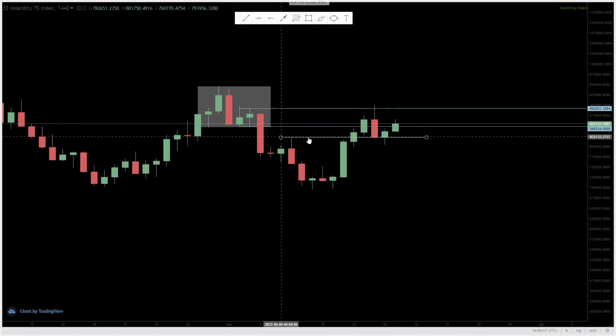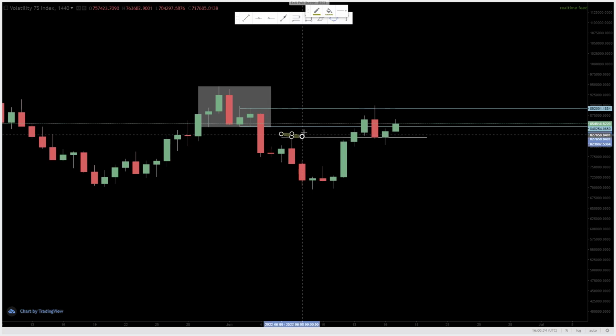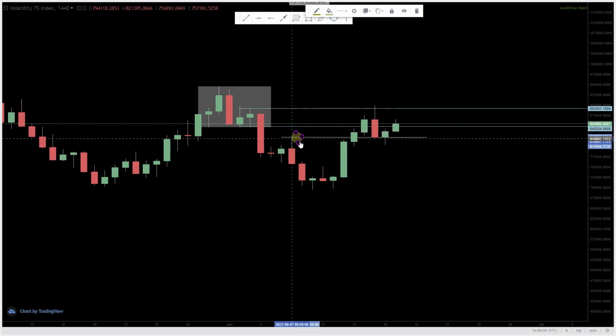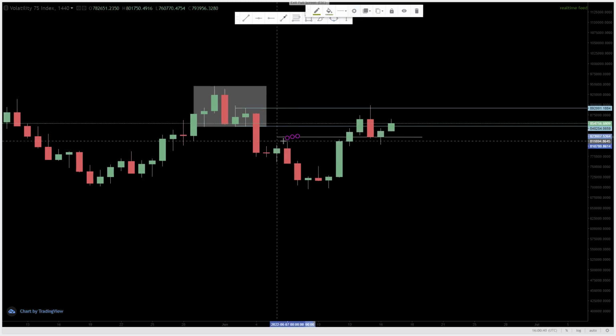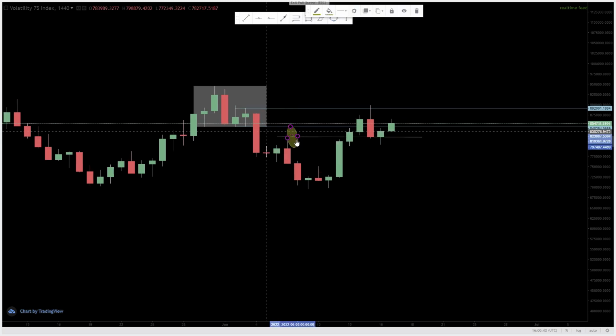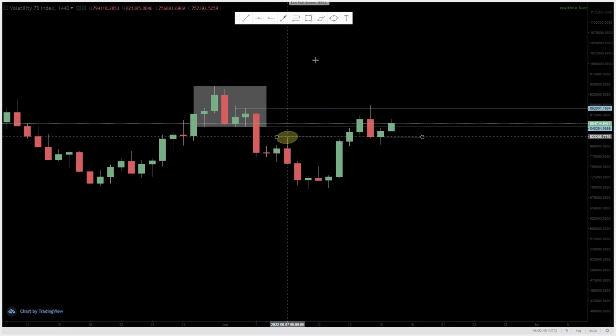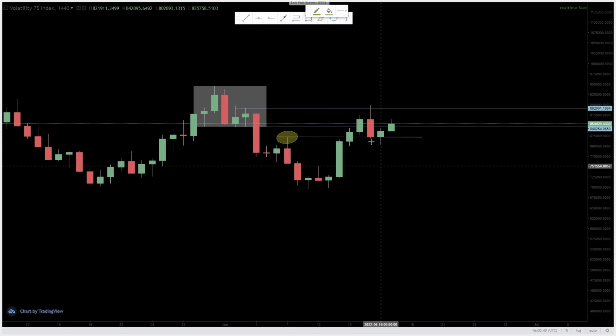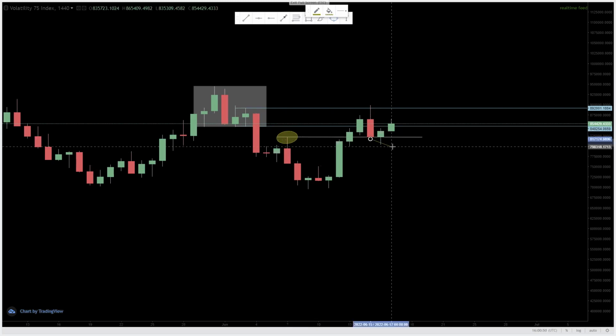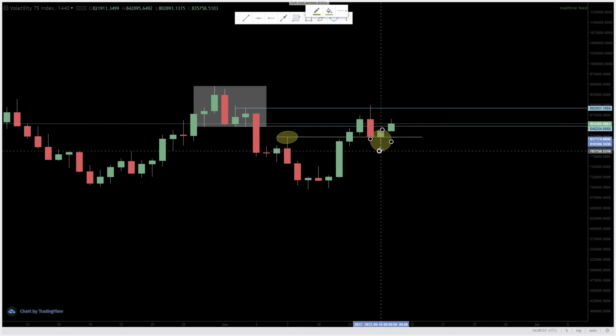I have marked here because this is a level of a swing high. All right, this is a swing high here, and the market came and created a swing low right there.